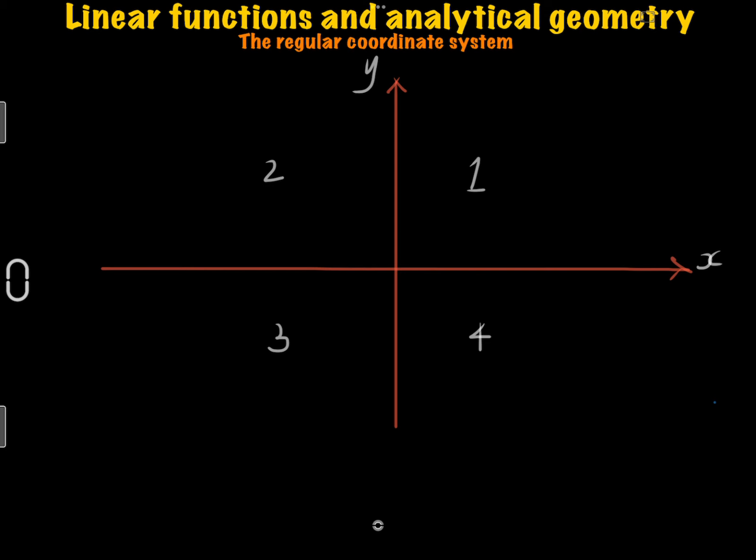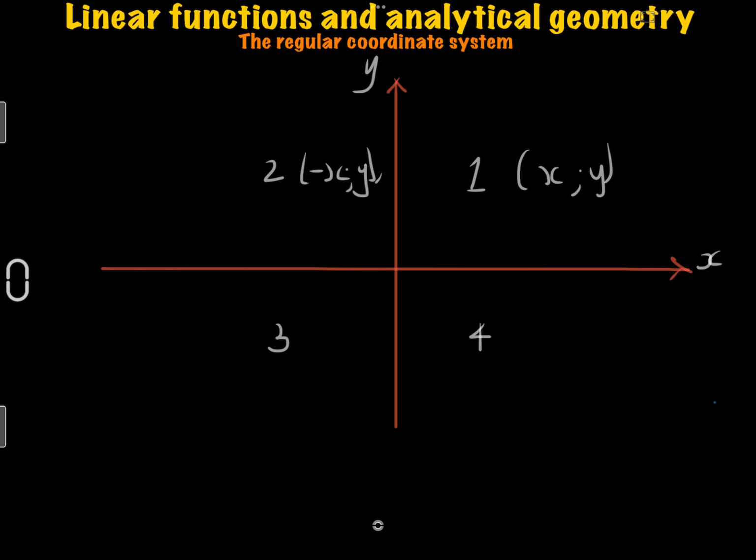Now, on our Cartesian plane, again, very important to understand that x and y are positive in the first quadrant. In the second quadrant, x is negative and y is positive.